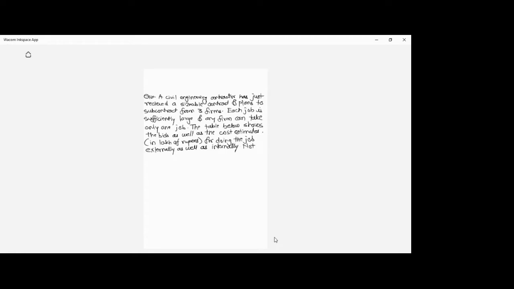Not more than 3 jobs can be performed internally. Find the optimal assignment that will result in minimum total cost.